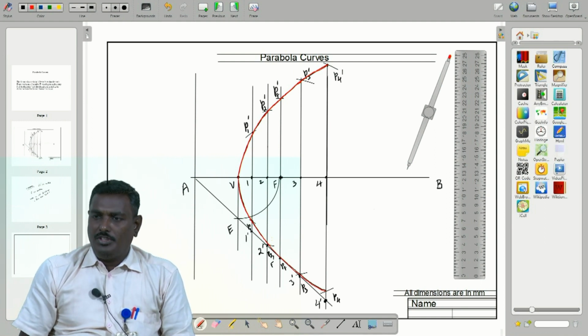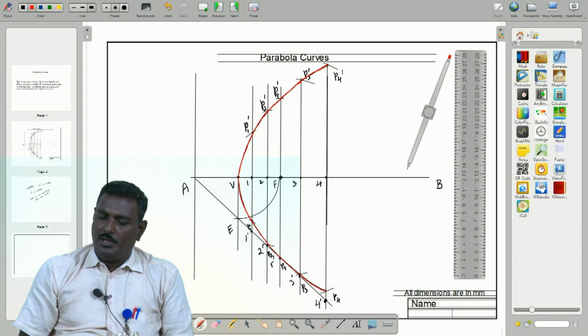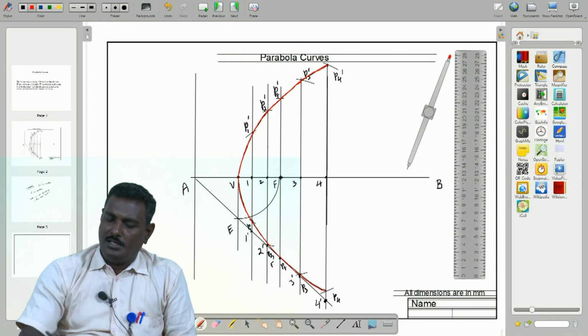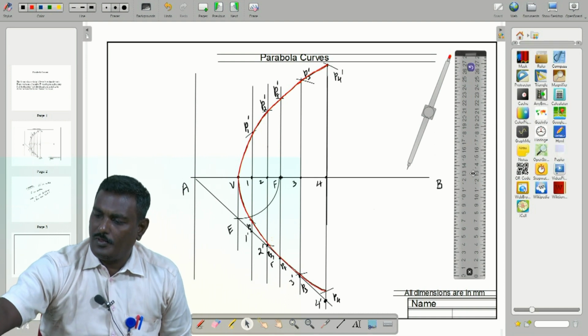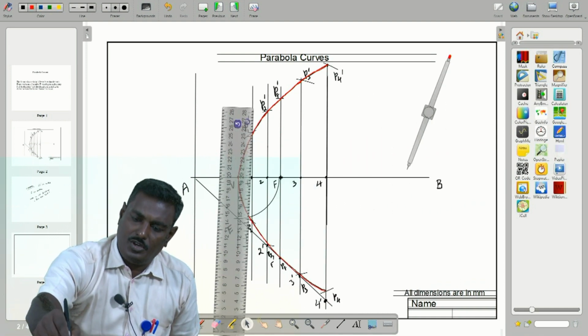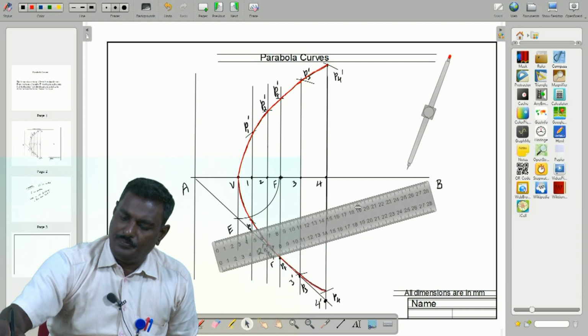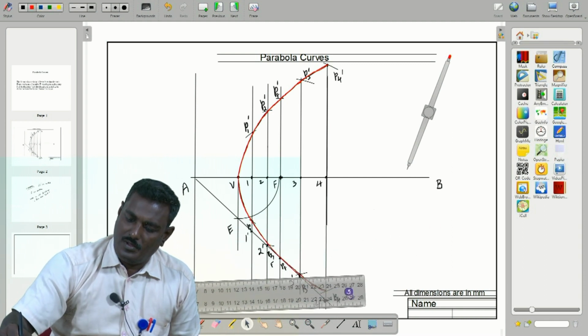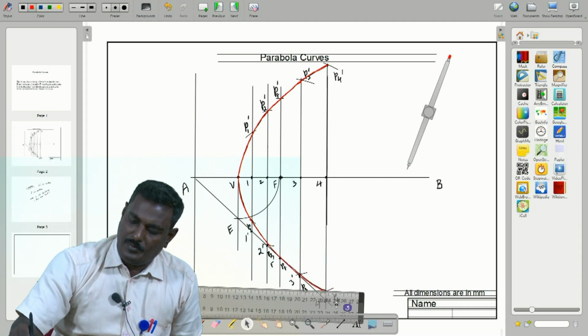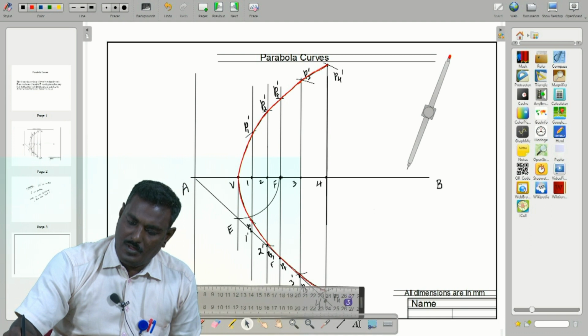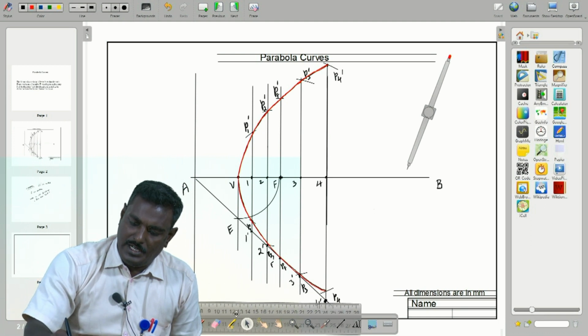What about the name of the curve? Parabola. There is a question asking what is the name of this curve. So you have to draw a guideline below, a guideline of 6 mm.